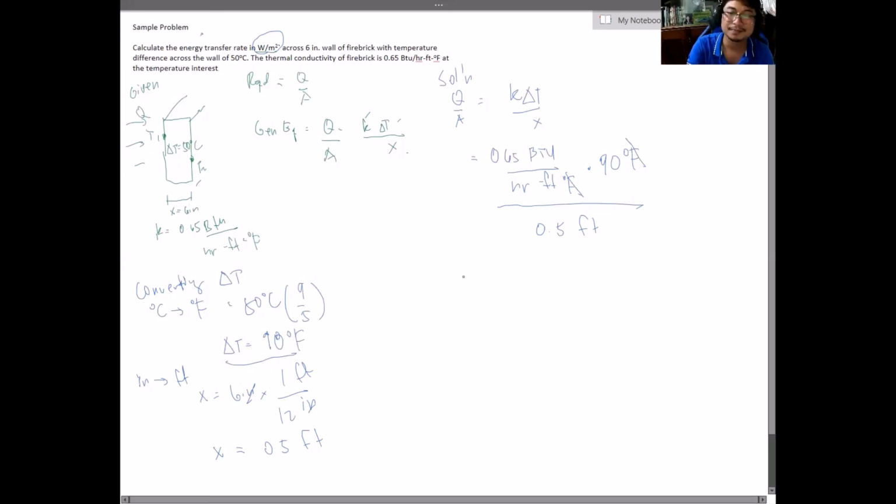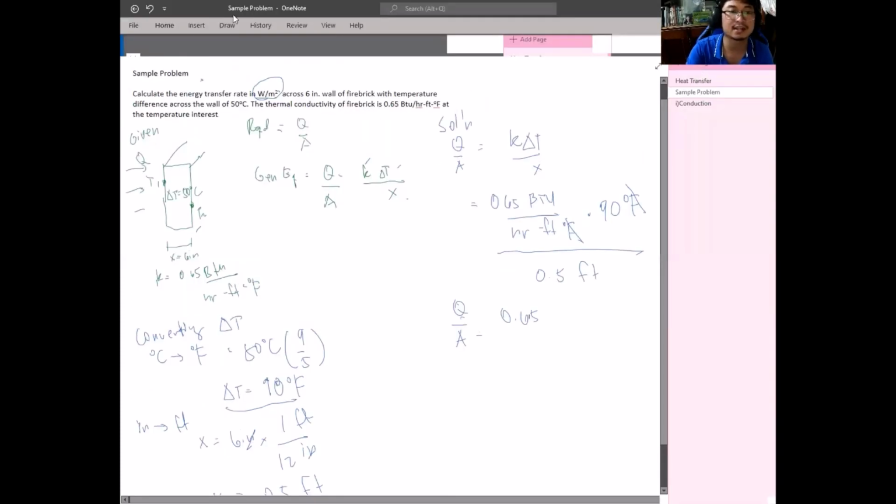Nalimutan na. Okay, so our equation will be 0.65. What's this? No? Calculate natin, no? Ayusin natin.